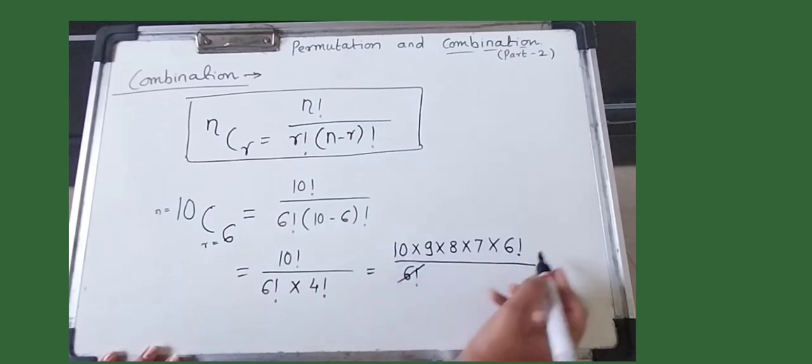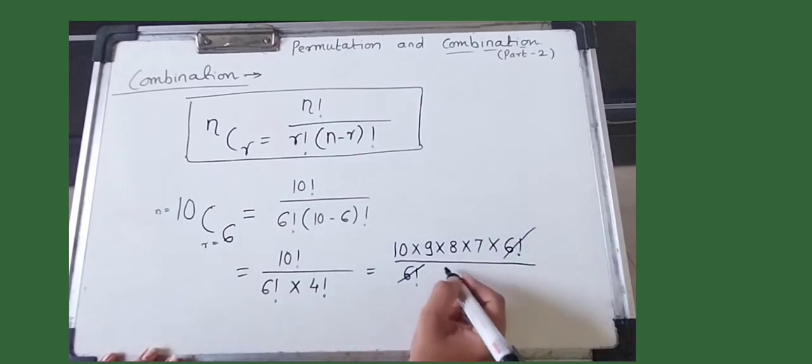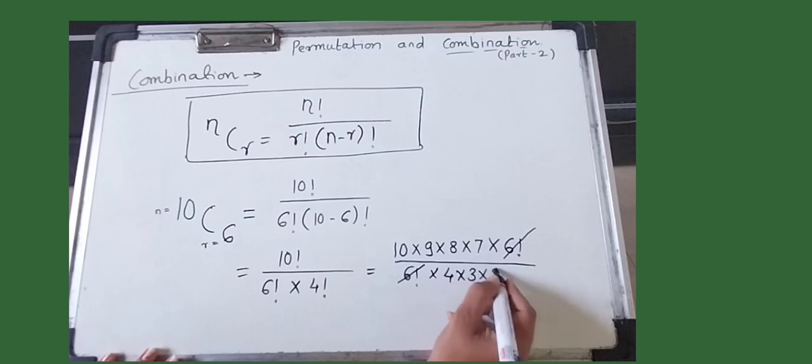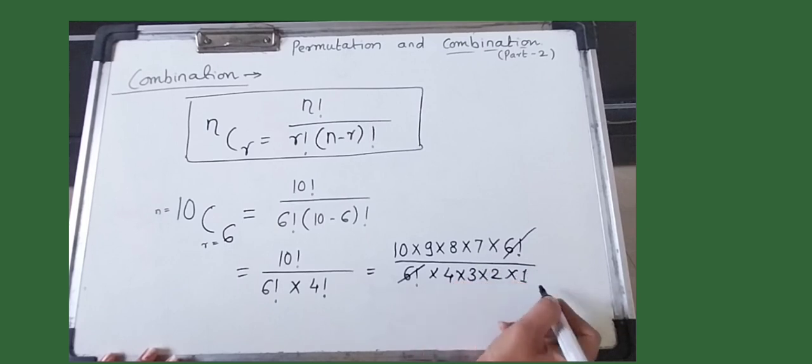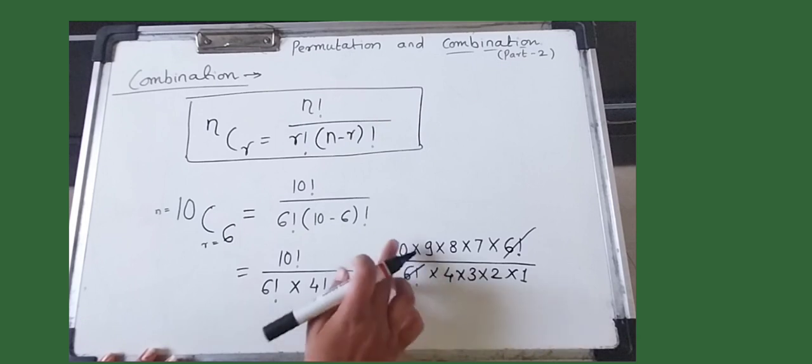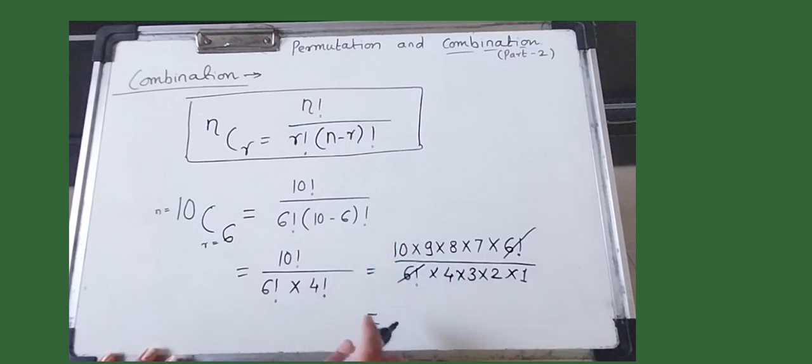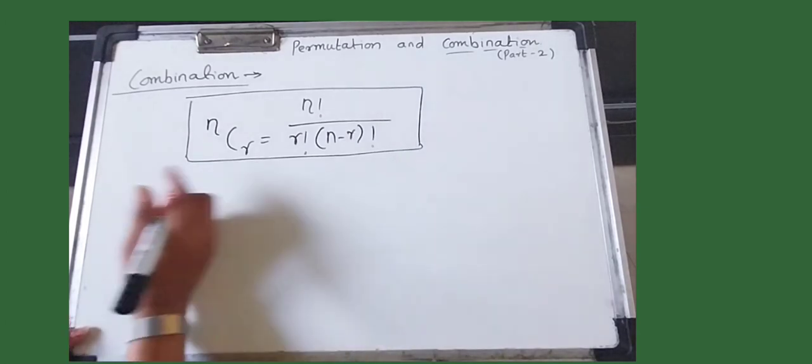So 6 factorial and 6 factorial get cancelled, and 4 factorial means 4 into 3 into 2 into 1. Find out this sum and calculate the answer. Put it into the calculator and find out. Calculator is allowed here. So your answer is 210. Clear? Take a screenshot.